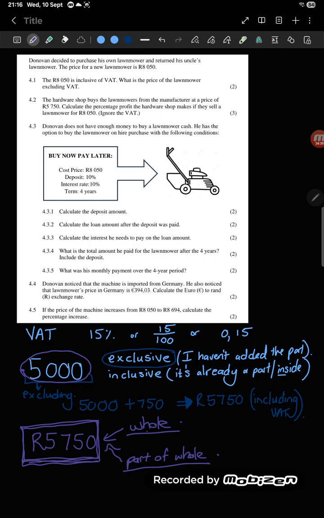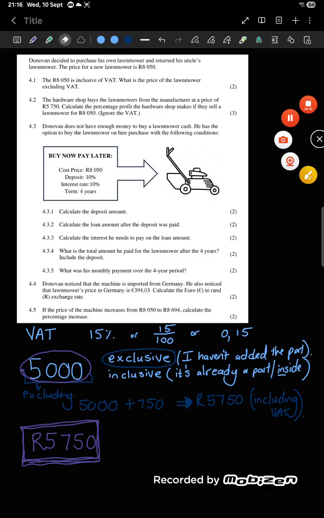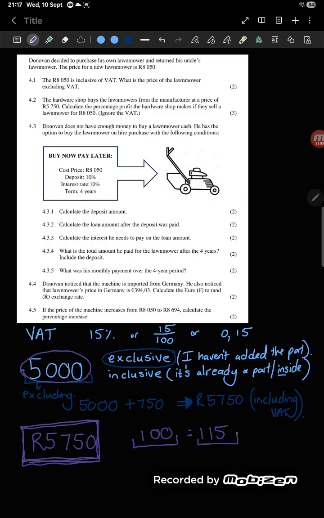Now, let's talk in terms of parts of wholes. There are two ways to go about this. One way is to say, well, I've got a whole as a ratio to the whole plus part of the whole. I can also say 100 in a ratio to 100 plus 15.